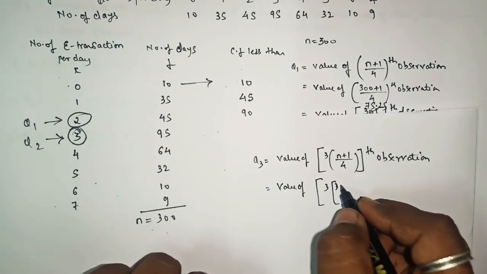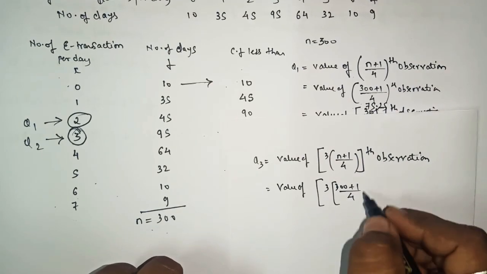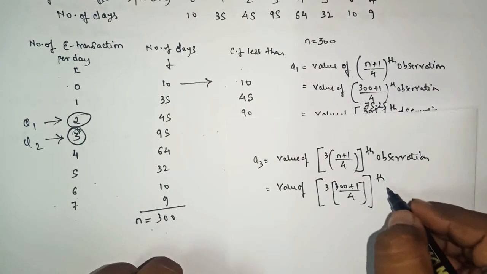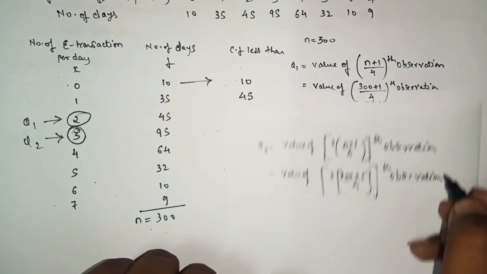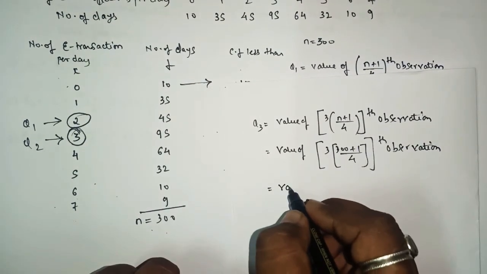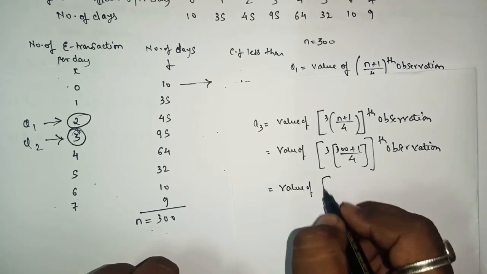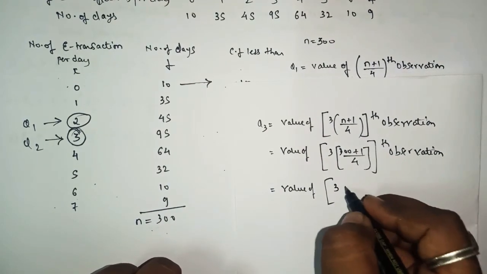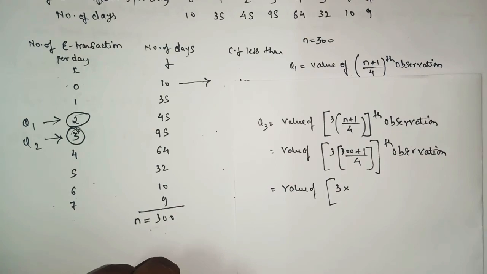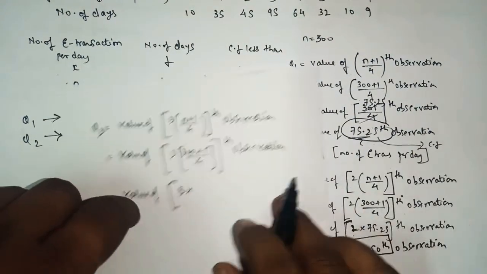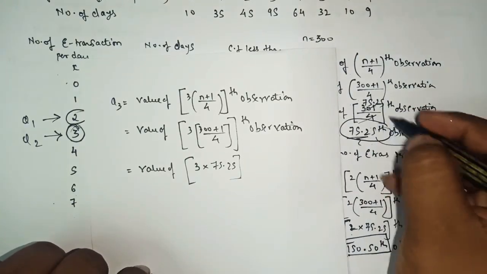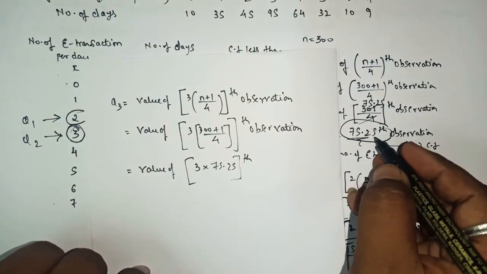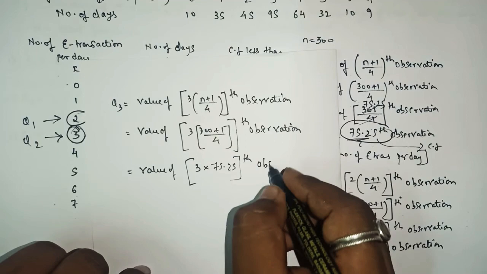So this is the value of (300 plus 1) upon 4th observation. This part, 300 plus 1 upon 4, directly you can write as 75.25. We had already solved this section, yes or no? From here we can write the answer directly.